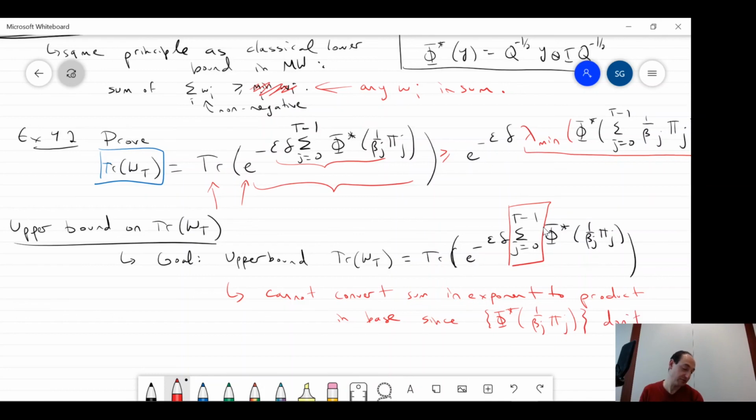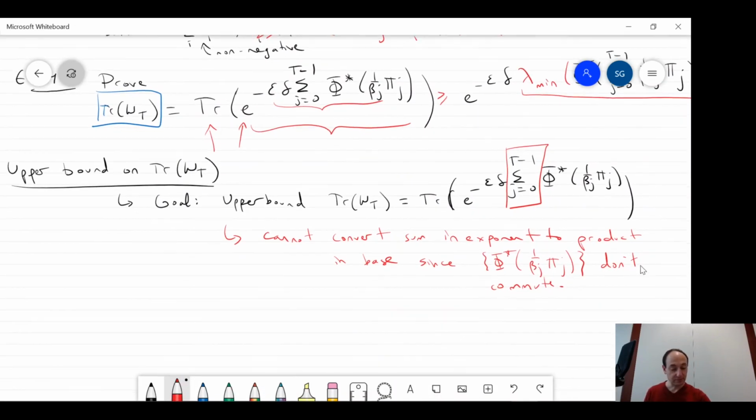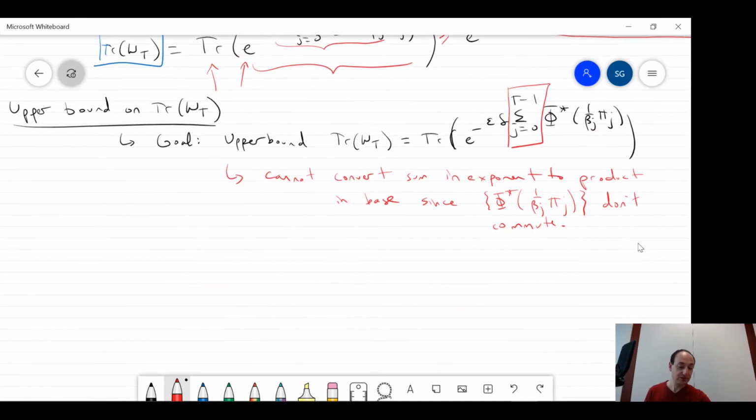Or at least we can't assume they commute. Maybe in some cases they will, but in general we have no reason to believe they commute. So it would seem we have a bit of a problem, because we want an upper bound on this thing, and I want to do it inductively.